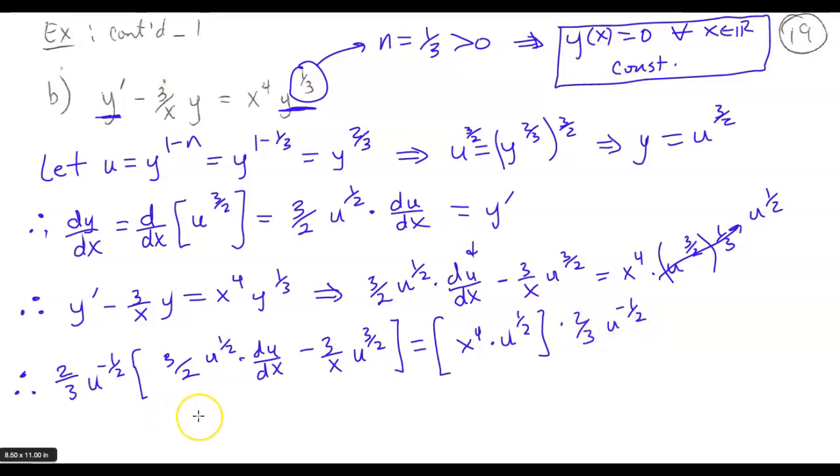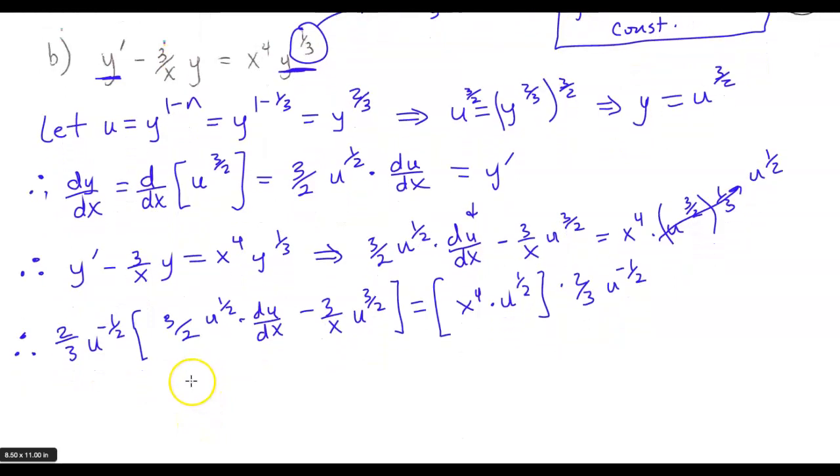From that, our first term, 3 over 2 and 2 over 3 are reciprocals of each other, so it's just 1. u raised to the negative 1/2 times u raised to the positive 1/2, reciprocals of each other, so it's just 1. So we just have du over dx in the first term.